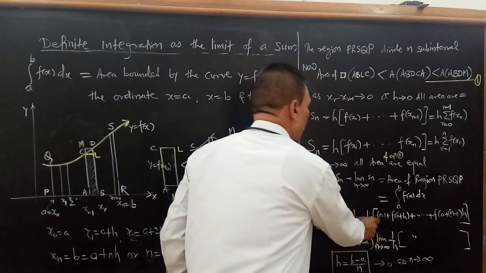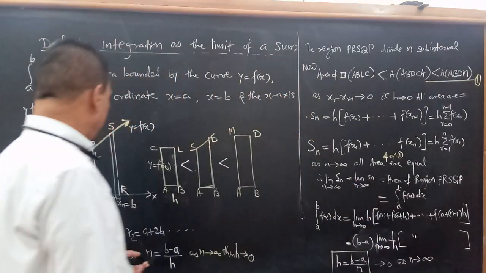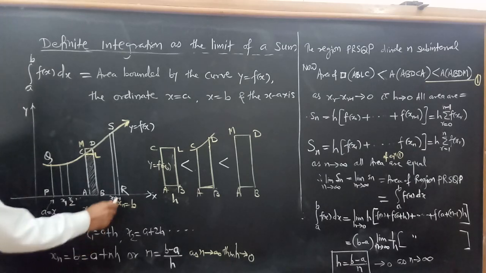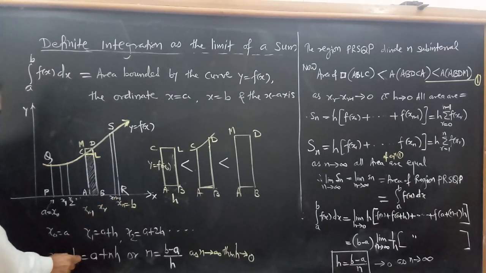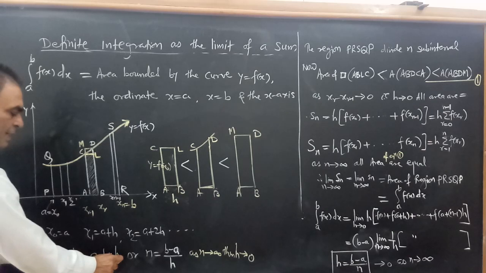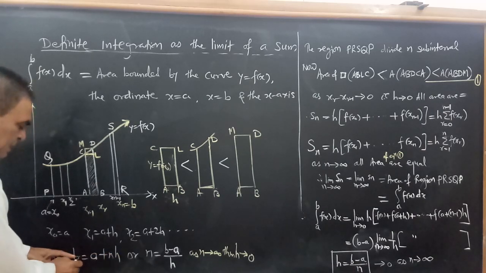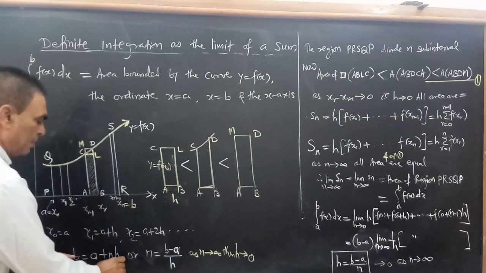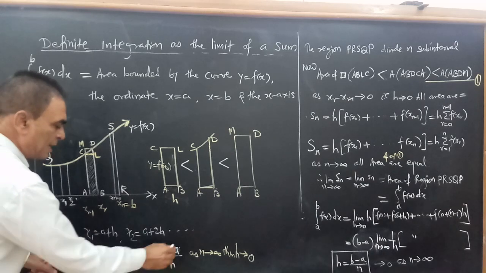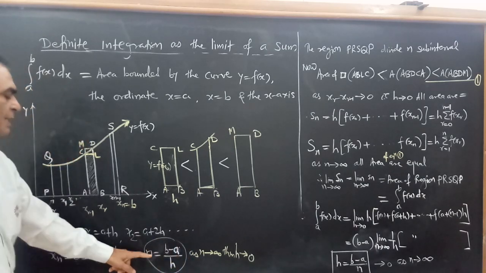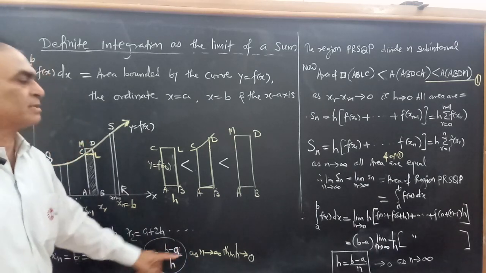Then what is the meaning of h? Suppose the last value xn is b, which is equal to a plus nh. Then transferring a to this side, b minus a divided by h gives the value of n. n is b minus a divided by h.